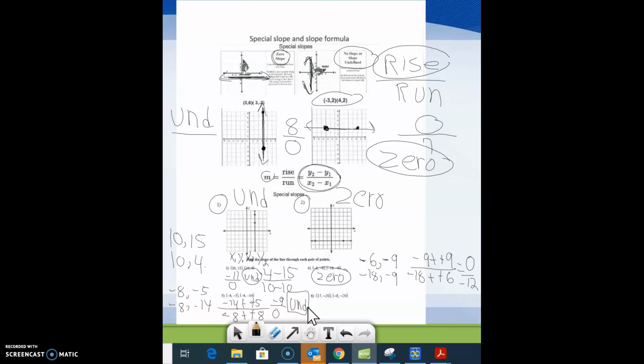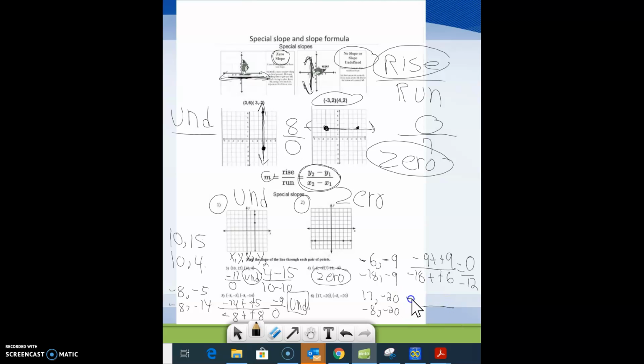All right, and my last problem. Let's try that out. Okay. x1, y1, x2, y2. All right, let's put them into the formula here.